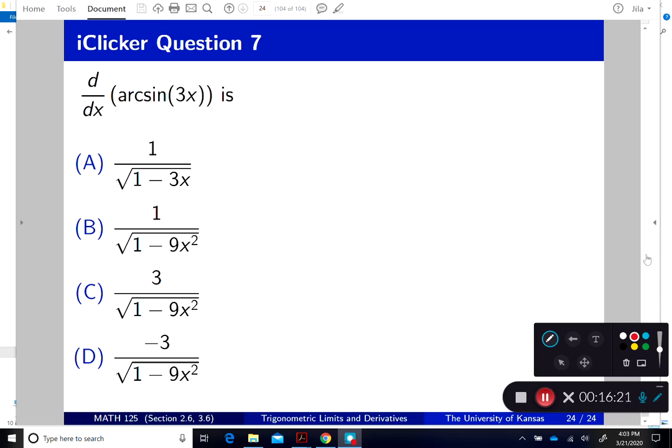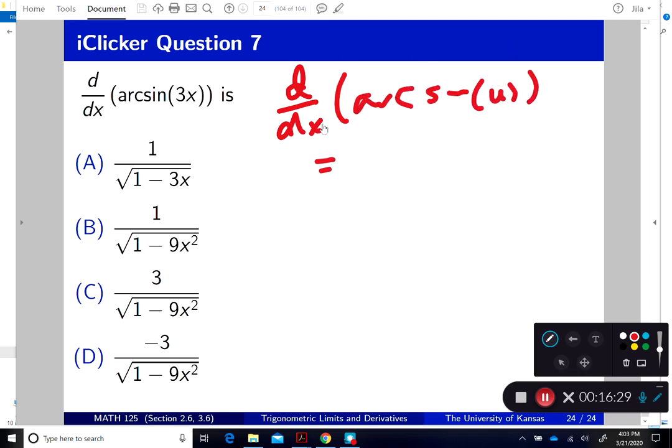Or we can write it this way: the derivative of arc sine of u with respect to u is 1 over the square root of 1 minus u to the power 2.